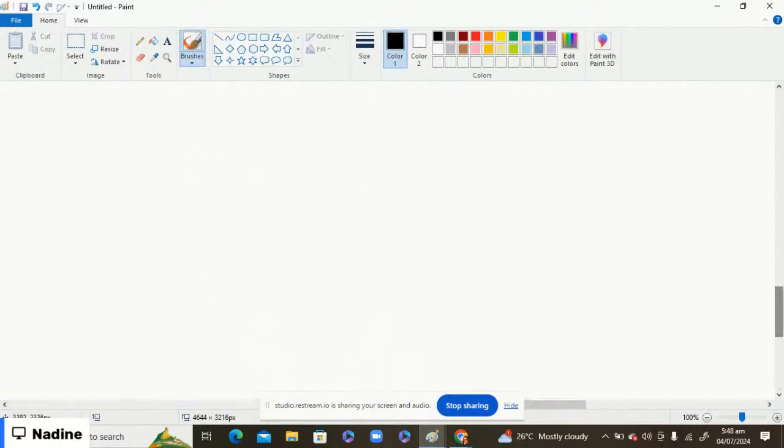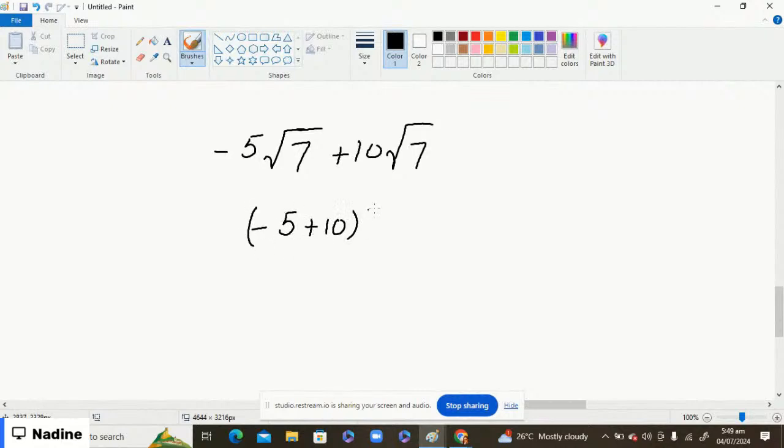For example, if I write here minus 5 square root 7 plus 10 square root 7, how can we write it? We can write minus 5 plus 10 in the bracket, and square root 7 is outside.